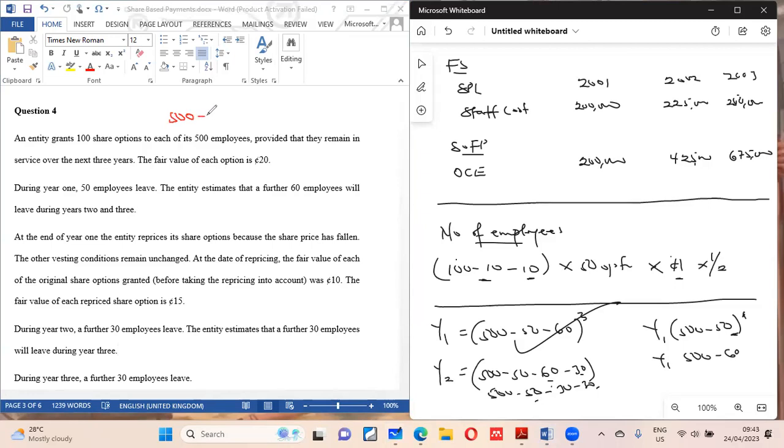500 minus what? 50. Minus 50, that is the employee leaving for year 1, and a further 60 for year 1. And year 2 will be the 30. And an estimate of 30. But let me ask you a question. This one was an estimate last year.